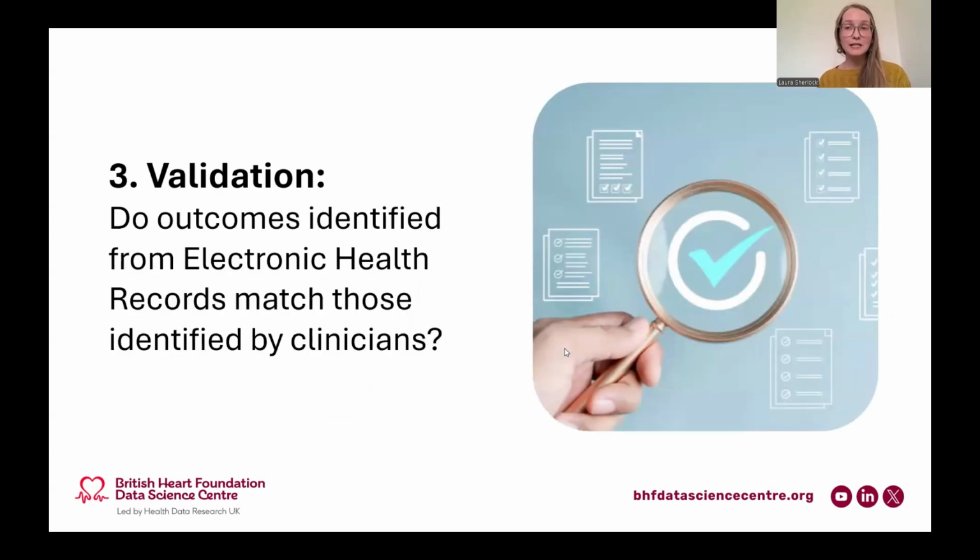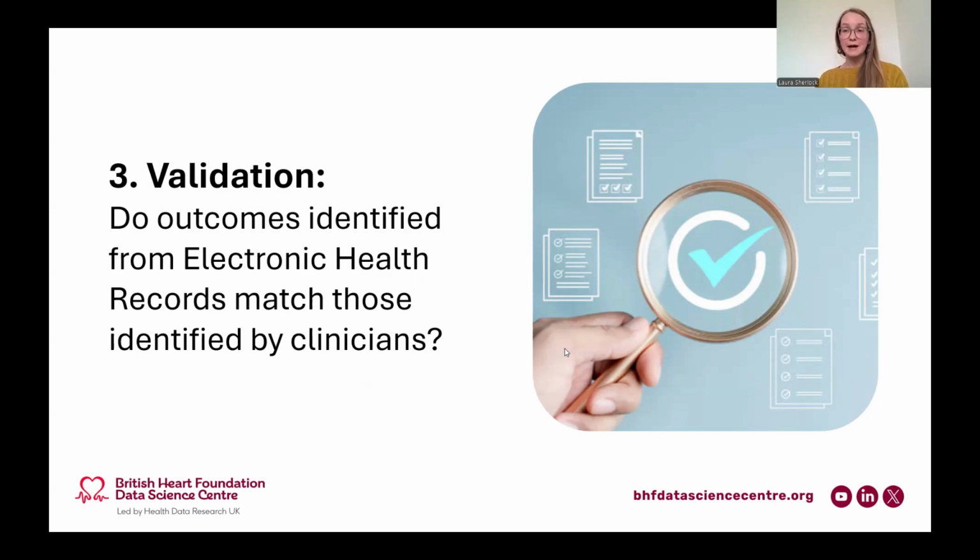And then a third key part of this process is validation. So importantly, we need to know that if a clinician or trialist has identified a stroke outcome in a clinical trial, that the phenotype definition that we've produced would also identify that in the same way. And one way which we do this validation is to link the data from an already completed clinical trial with the health records of the same participants.